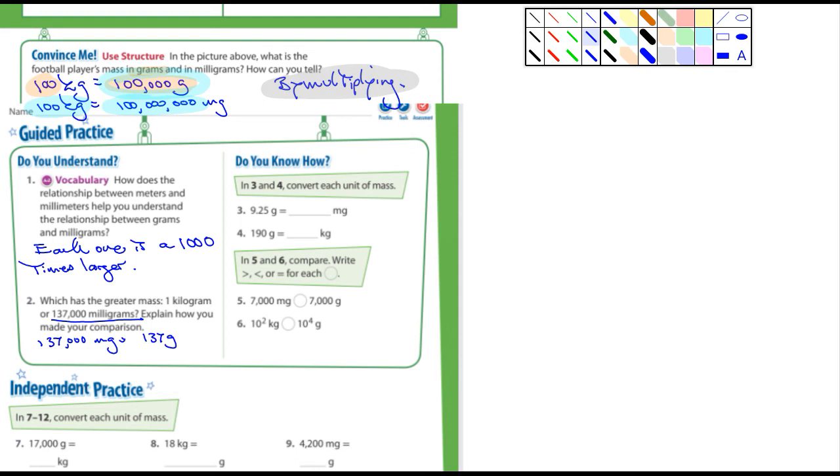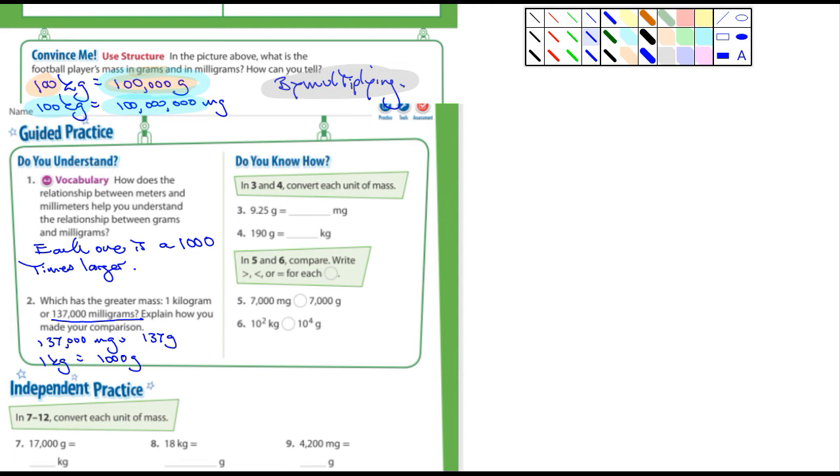And 1 kilogram, 1 kg, equals 1,000 grams. So which one's larger? Obviously the kilogram is quite a bit larger.